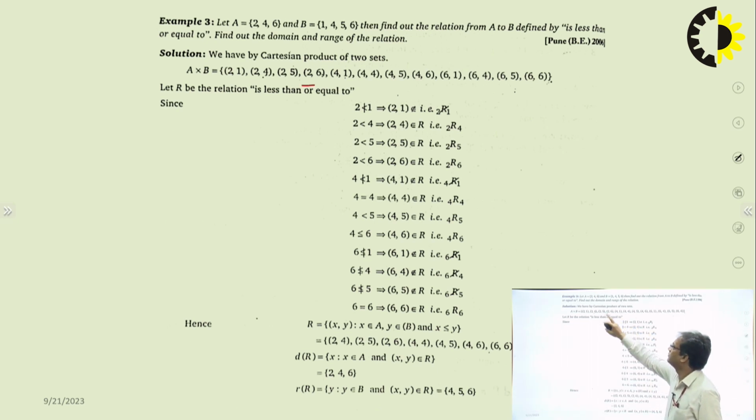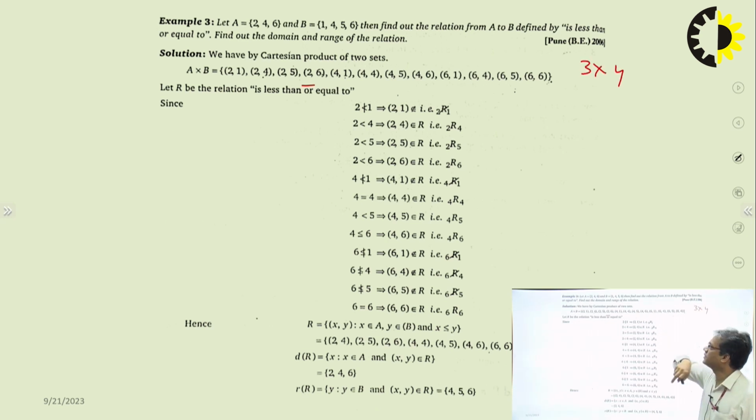A has 3 elements, B has 4 elements, so the total number of elements in the Cartesian product will be 12. You can define all the 12 pairs here and check the condition of less than or equal to.